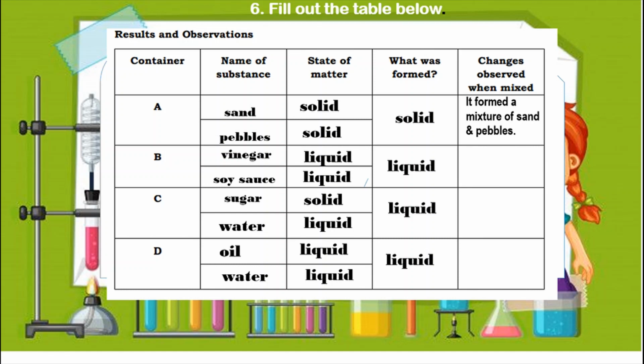Ang changes, nahalo-halo na ang katong bato ug ang balas. So, sa container B, vinegar and soy sauce, you cannot identify soy sauce from vinegar. So, kay gihalo man ninyo silang duha dito sa container B, makita pa ba ninyo kung asa dito ang vinegar o asa dito ang soy sauce? So, dili na ninyo ito ma-identify kay halo na silang duha.